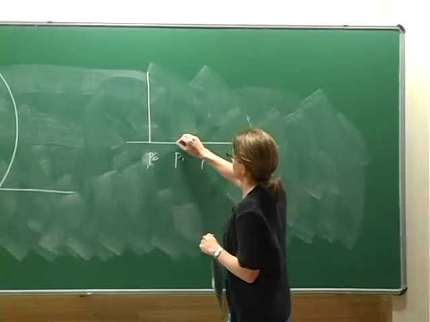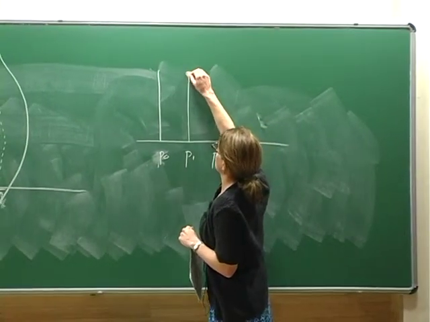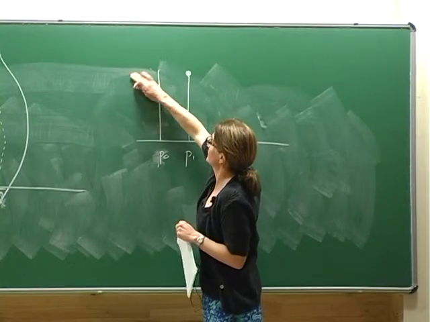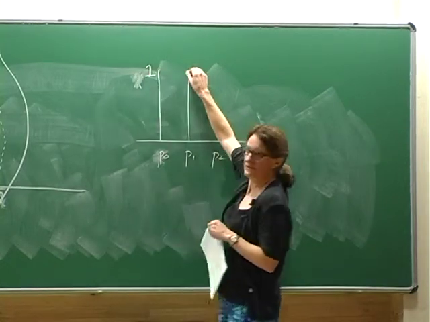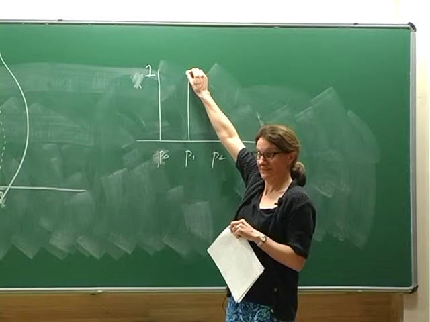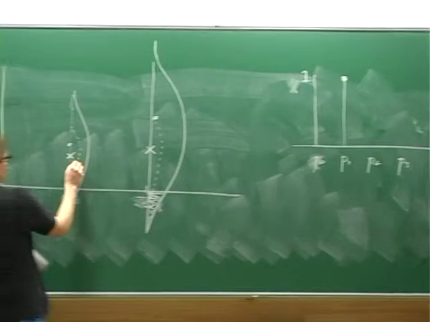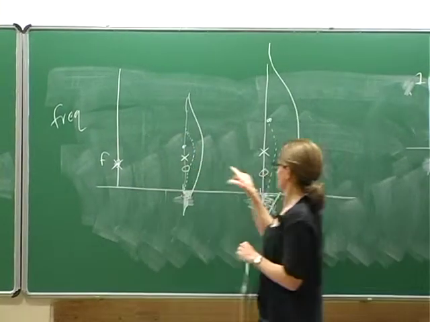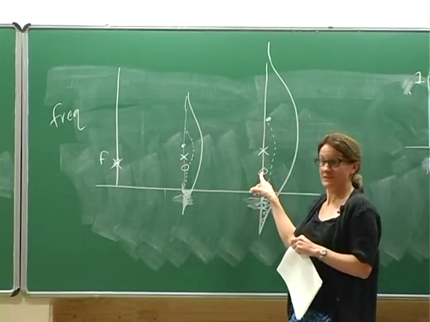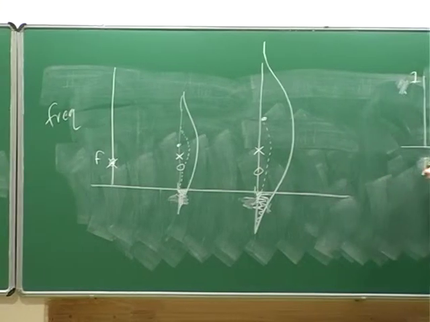And if you, for instance, always have one offspring with probability 1, there's 0 variance, and then you would never go extinct. And you can see that you're never going to go extinct, right?